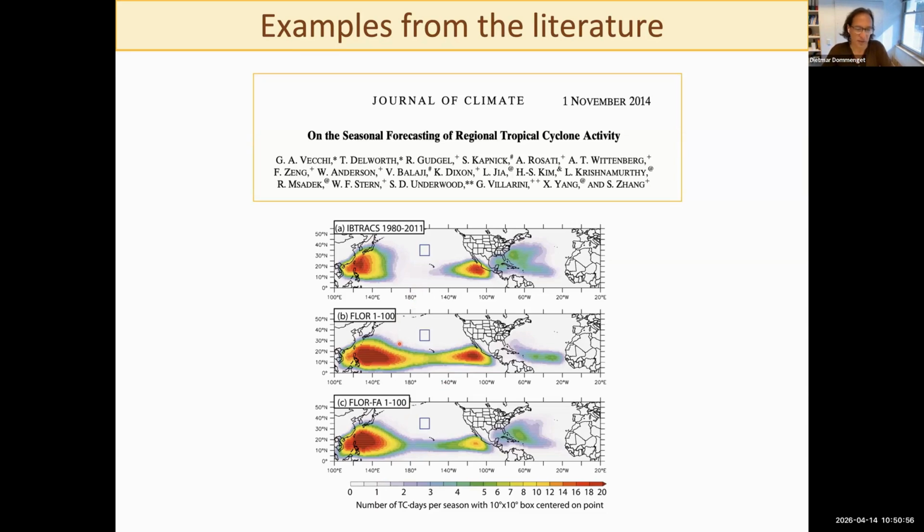They show a number of other statistics that all seem to suggest that the model performs better in tropical cyclone activity when the SST is flux corrected to look more like the real world. This is a very typical application that people have done many times in seasonal forecasting, to make better seasonal forecasts. And it works in many ways. I'm not sure whether it always works. There are probably cases where it didn't, but in the examples that I know of, it typically makes the model behave better.